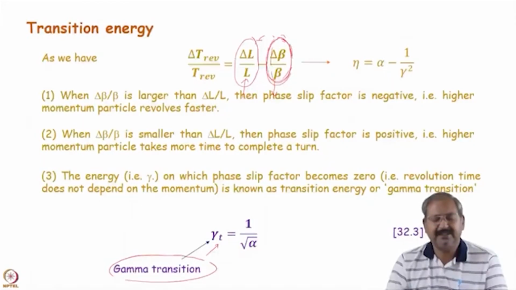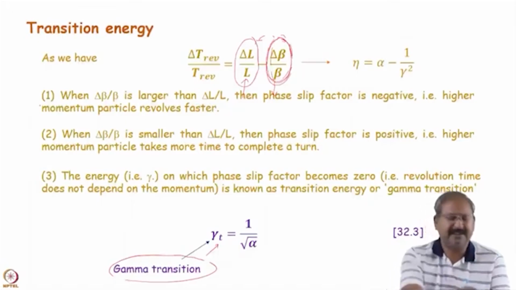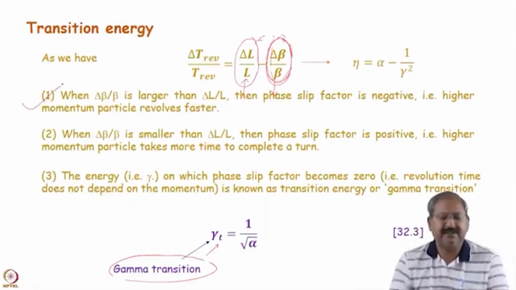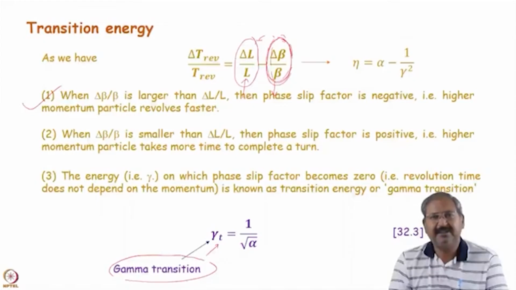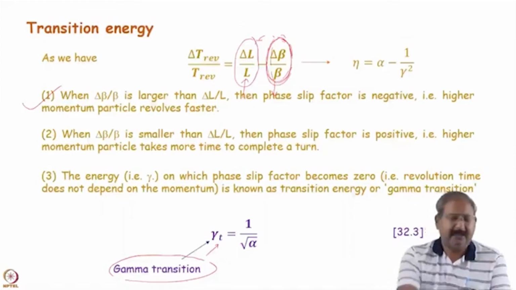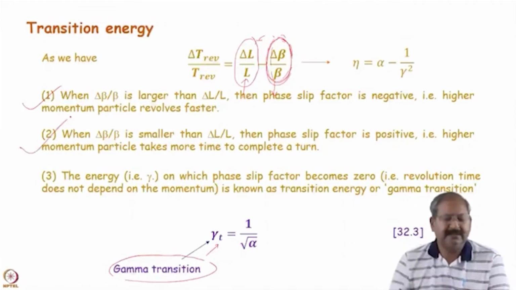When delta beta by beta is larger, the frequency slip factor is negative. Negative means that a higher momentum particle takes shorter time, and vice versa.